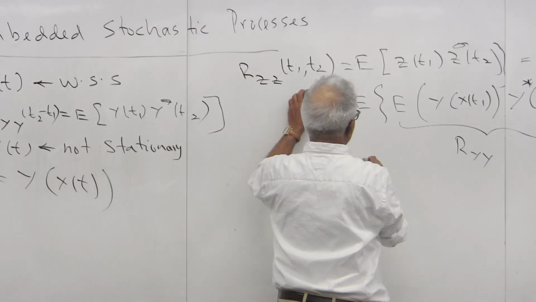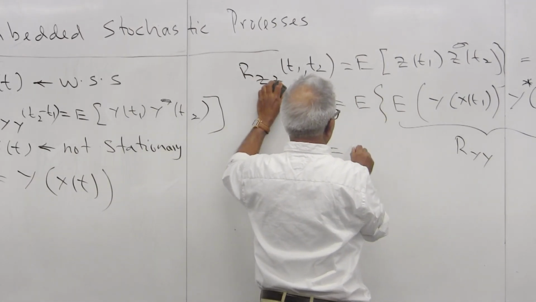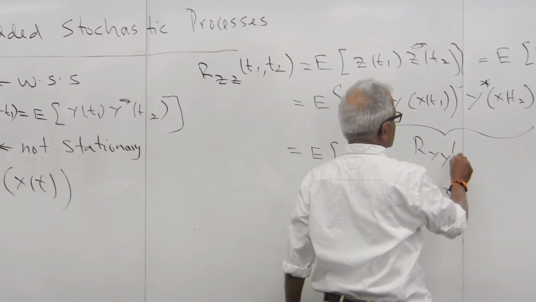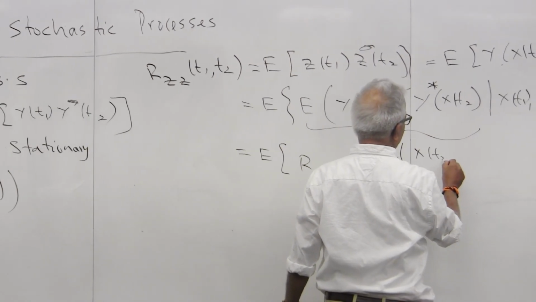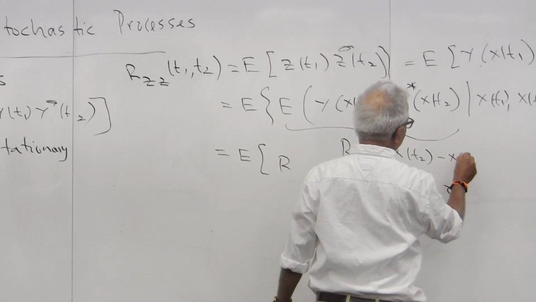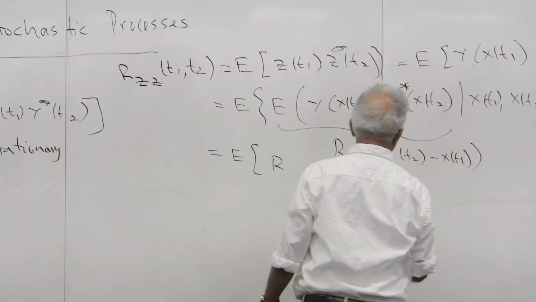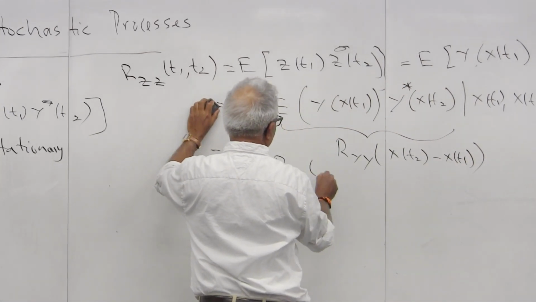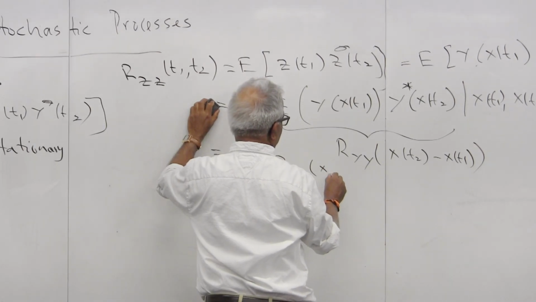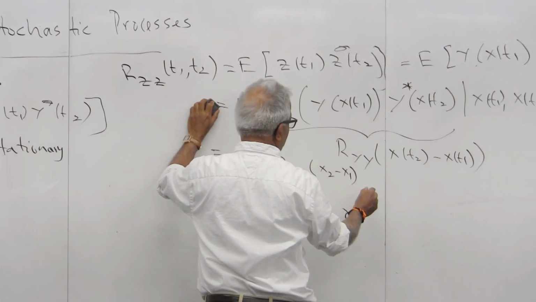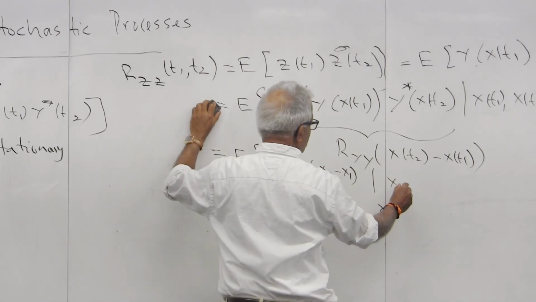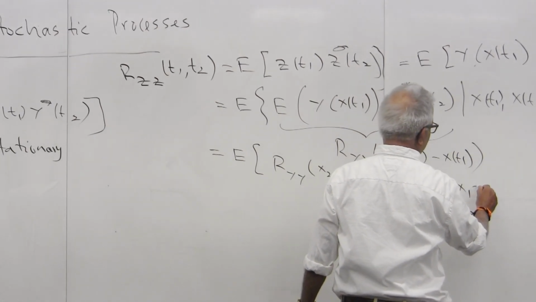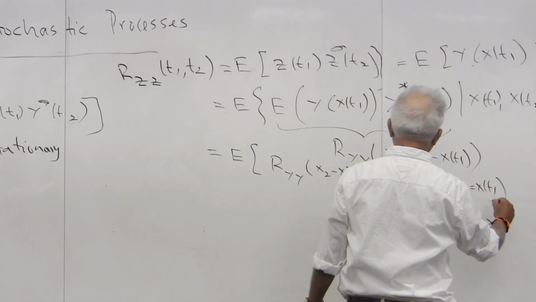So this would be the expected value of R_YY of x(t2) minus x(t1), that is R_YY of x2 minus x1 given x2, which is x of t2, and x1, which is x of t1.